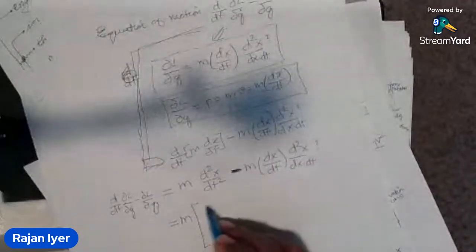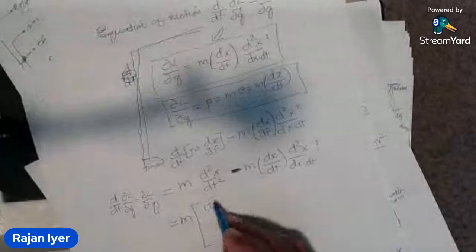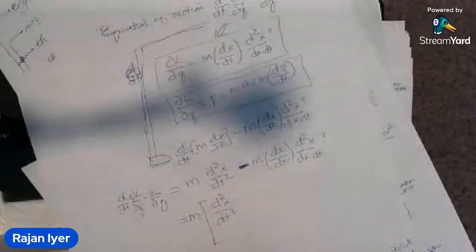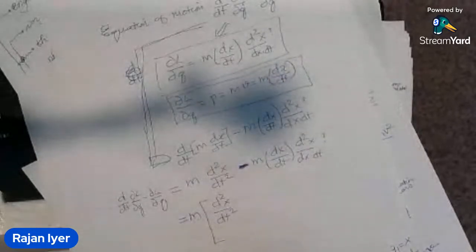Okay. Yeah, definitely. So now the first term is equal to force. So you got force minus displacement. Is that right? These are forces. Yeah, m times the acceleration, m d squared x by dt square, is nothing but ma, which is the force.